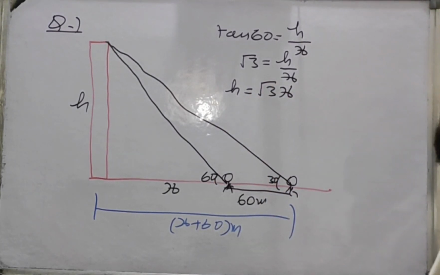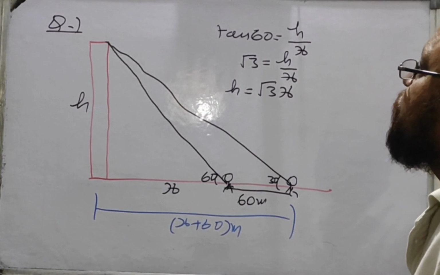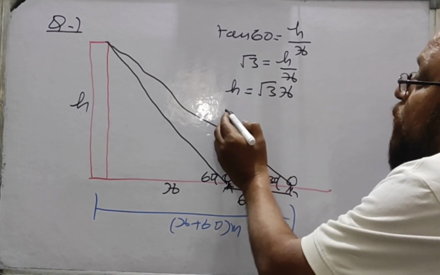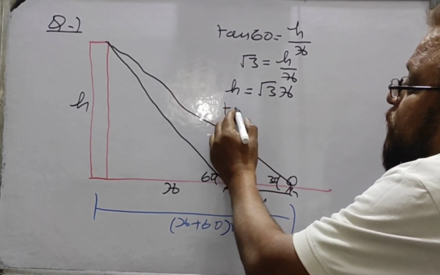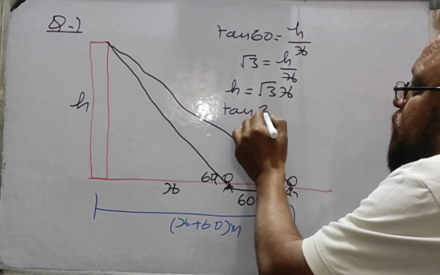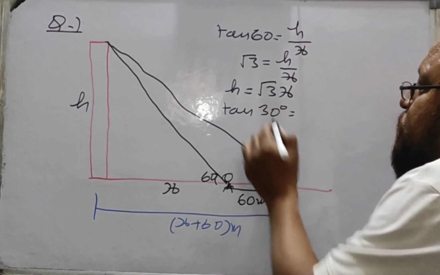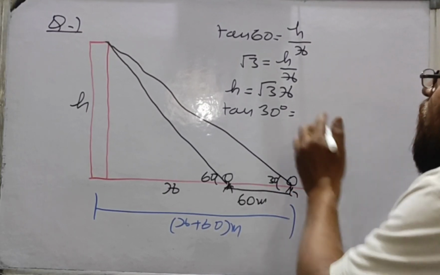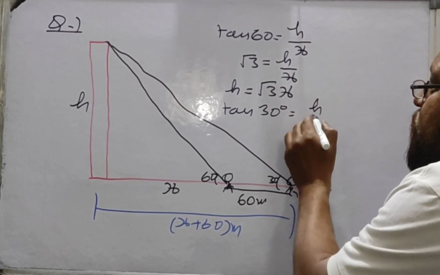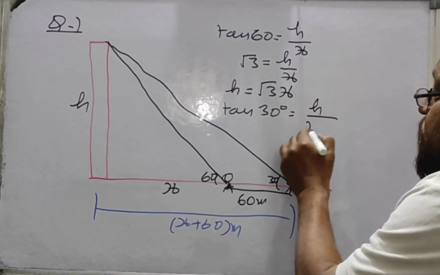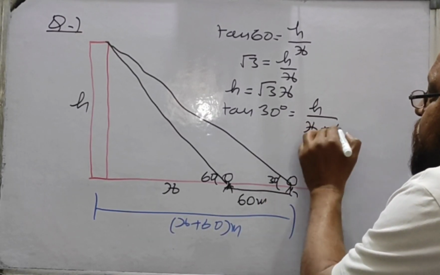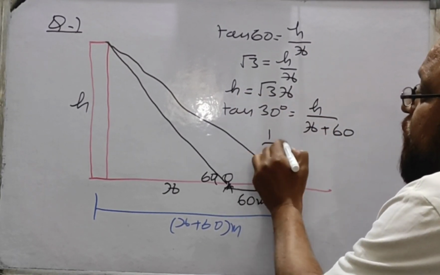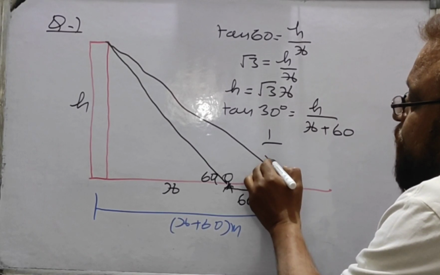Now we go for tan 30 degrees. Tan 30 is h upon x plus 60, and h is equal to root 3x, and tan 30 is 1 upon root 3.